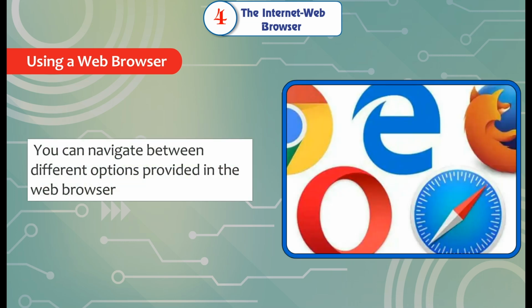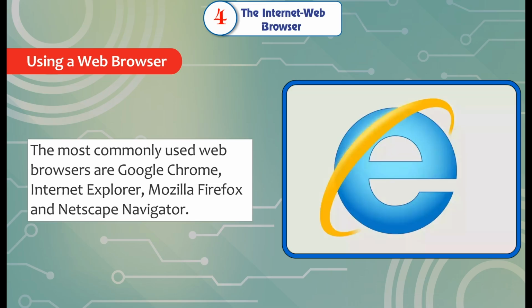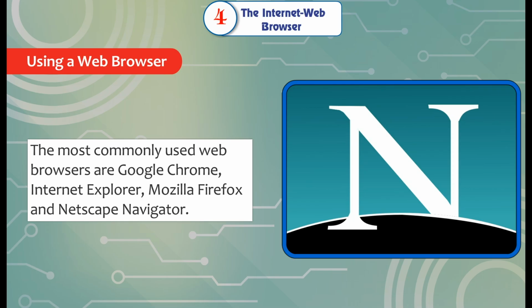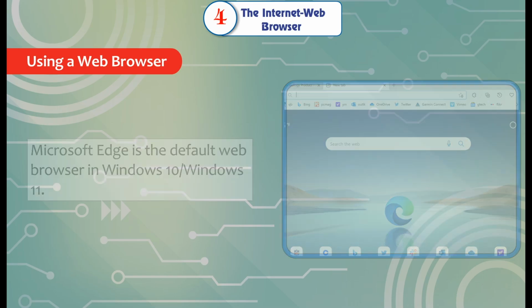You can navigate between different options provided in the web browser. The most commonly used web browsers are Google Chrome, Internet Explorer, Mozilla Firefox, and Netscape Navigator. Microsoft Edge is the default web browser in Windows 10/Windows 11.